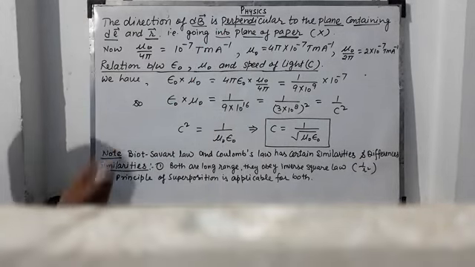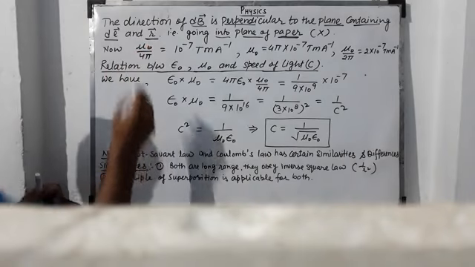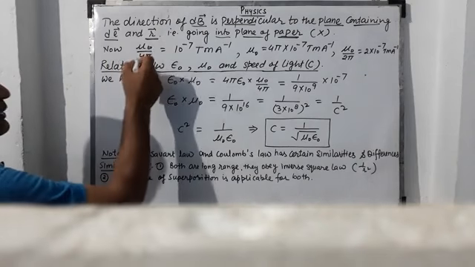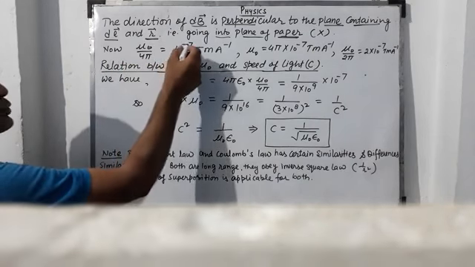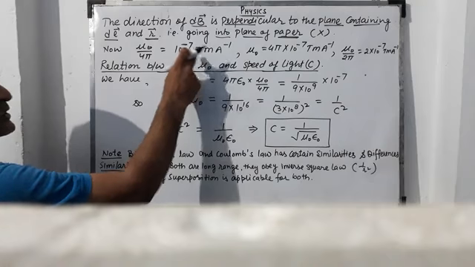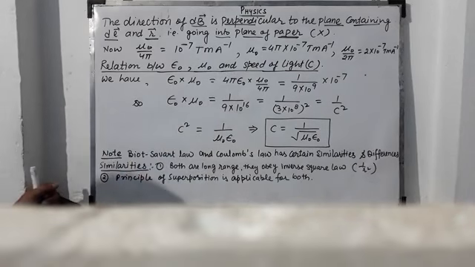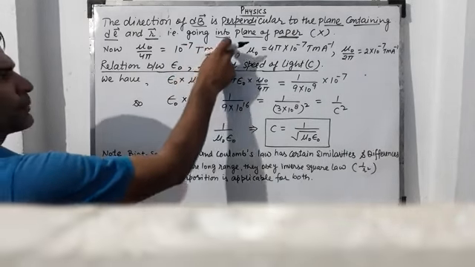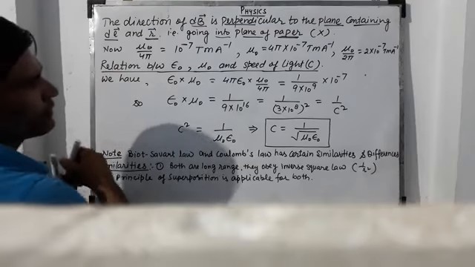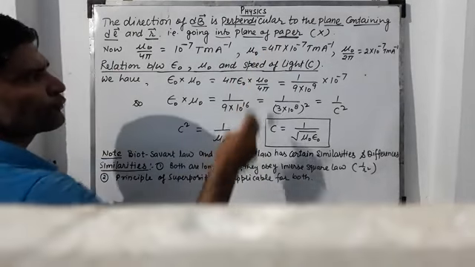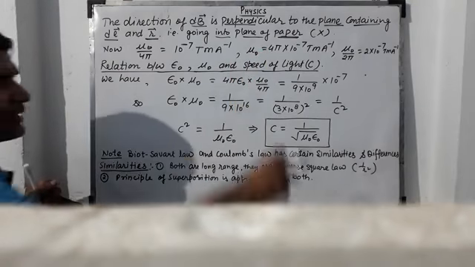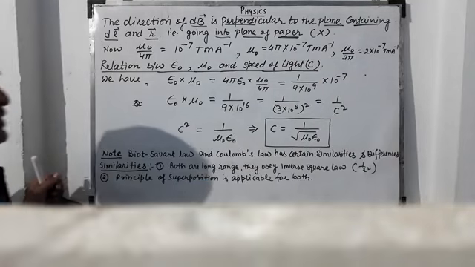Now here, mu naught upon 4 pi we use as a constant. The value of this constant is equal to 10 to the power minus 7 Tesla meter per ampere, Tesla being the unit of magnetic field. From this, mu naught is equal to 4 pi into 10 to the power minus 7 Tesla meter per ampere.